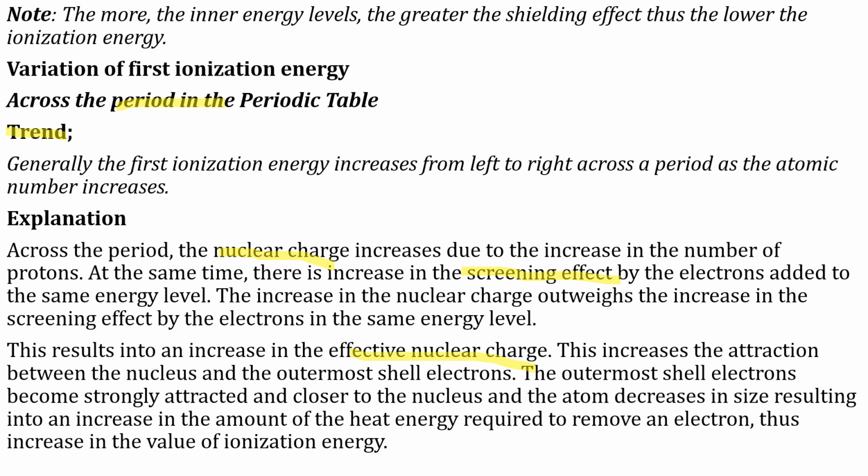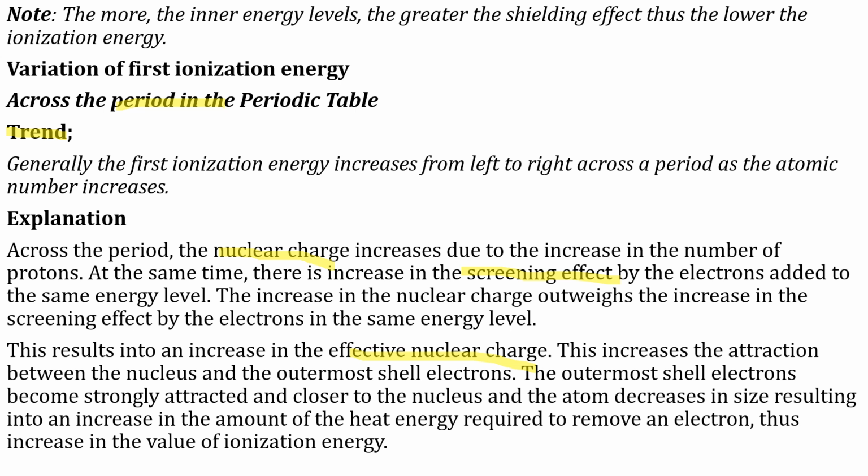So across the period, you find that nuclear charge is increasing. And why is it always increasing? It's due to additional protons to the nucleus. Once we are adding protons to the nucleus, we shall always find an increase in nuclear charge. However, screen effect is going to remain almost constant, because electrons will be added to the same energy level.